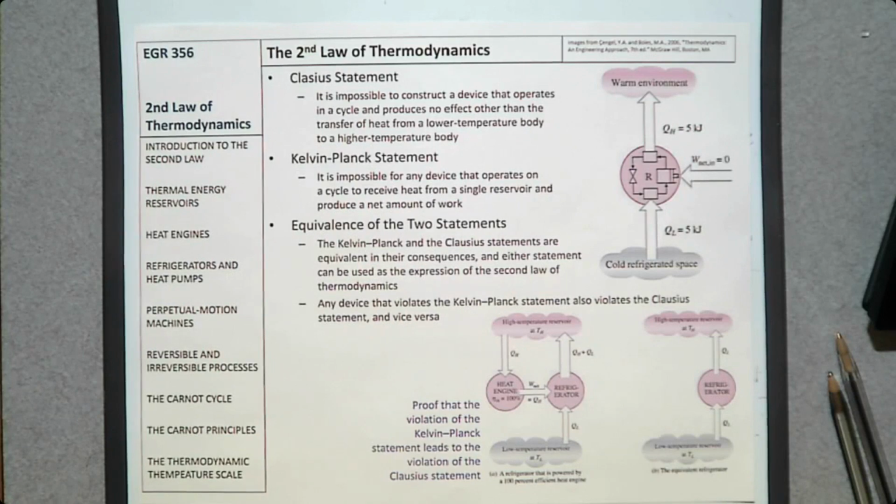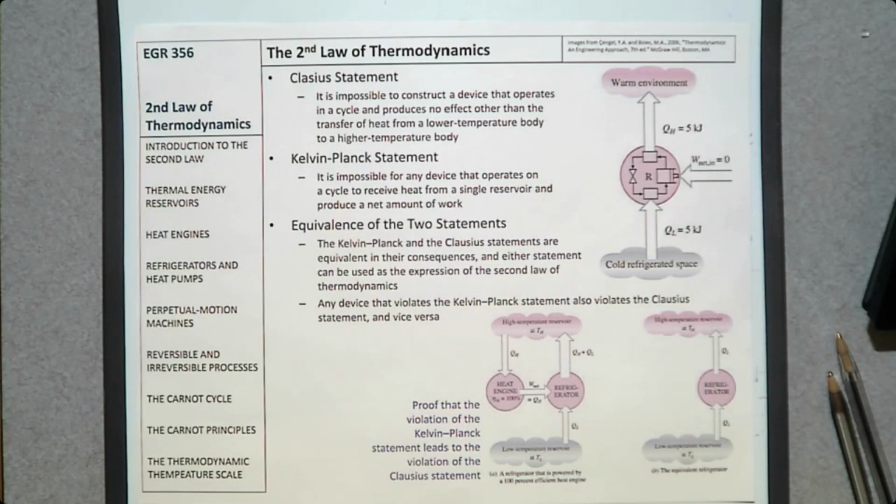If you burn fossil fuel, you will create heat at high temperature. If a cycle receives heat from a single reservoir to produce a net amount of work, that means there is no thermal energy left over after power conversion.